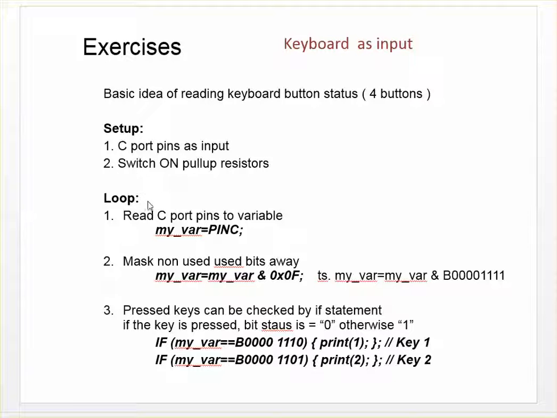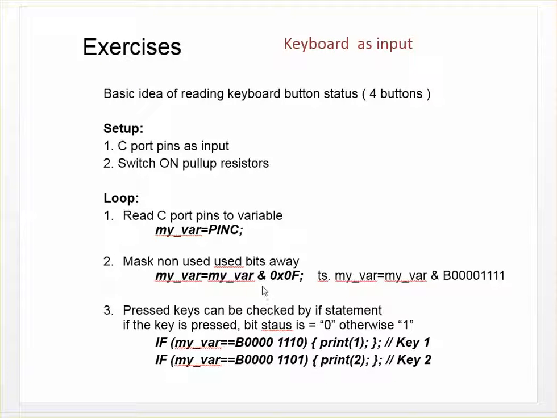And then you could make a loop or put the code inside a loop. You can read the key statuses through this C port by reading the PINC register to a variable, and then because we are using only the 4 lowest bits, we can remove the status of the upper bits because we are not using those, and those might mix up our code.